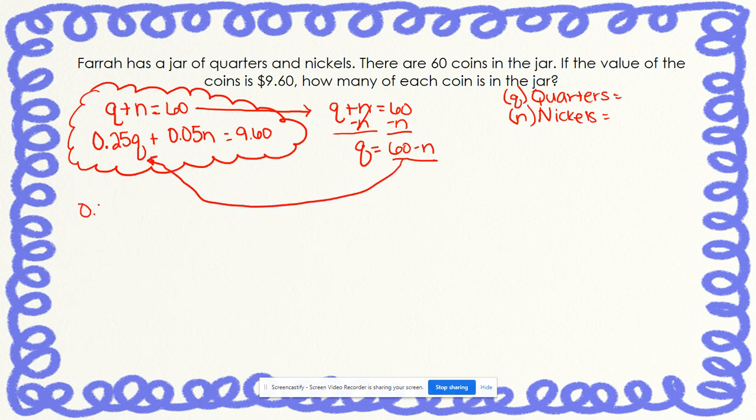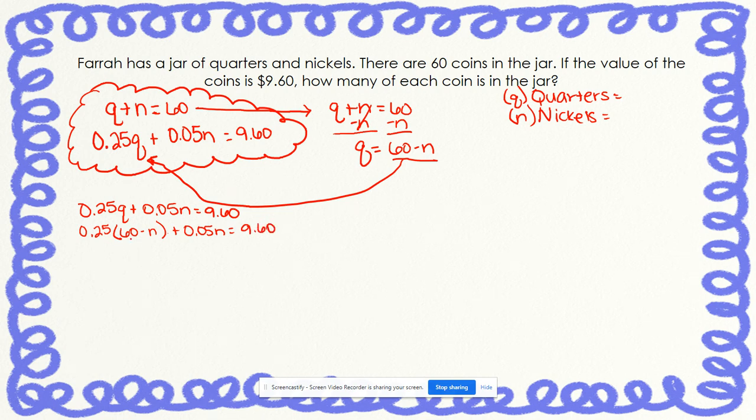So the other equation says 0.25Q plus 0.05N equals $9.60. Instead of Q, I'm going to use 60 minus N. So 0.25 times 60 minus N, and then I'll write the rest of the equation, plus 0.05N equals 960.